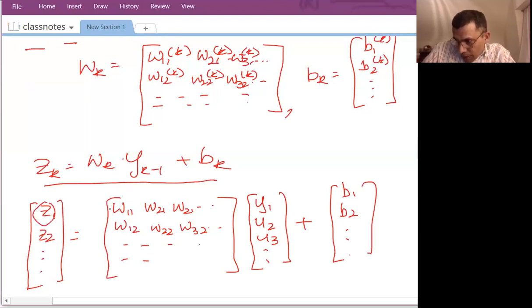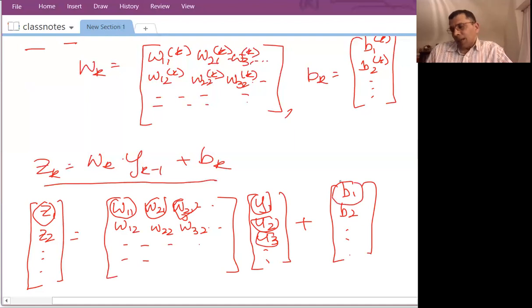Z1 equals w11 times y1 plus w21 times y2 plus w31 times y3. All the way along, you'd be weighting each of the y's with the appropriate weight and summing them up, and finally adding the bias for the first neuron.